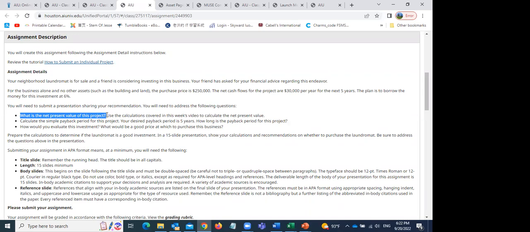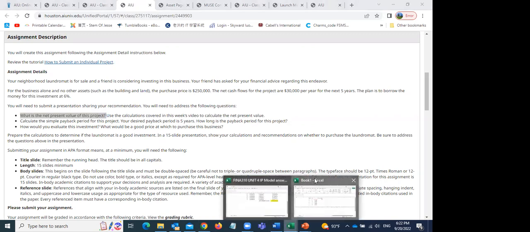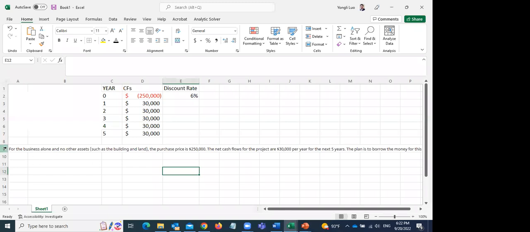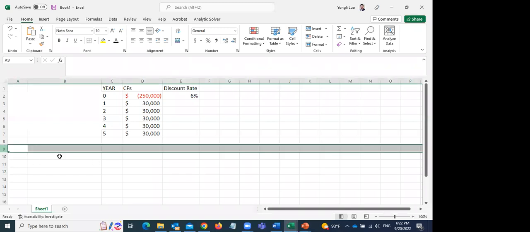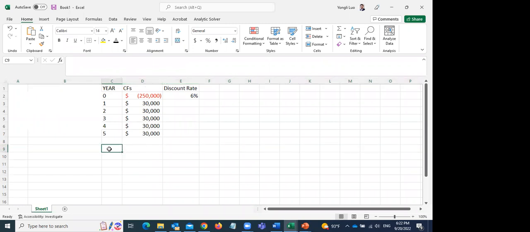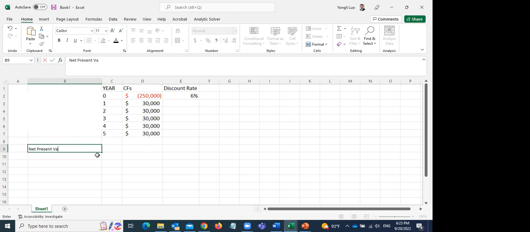What is the net present value for this project? How do you calculate net present value? We're going to do this using the net present value function, NPV.